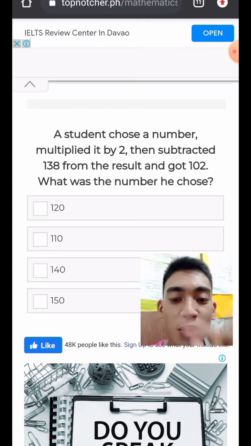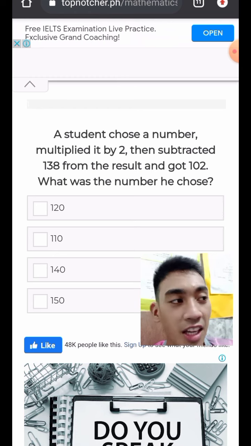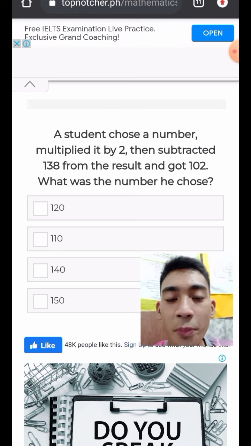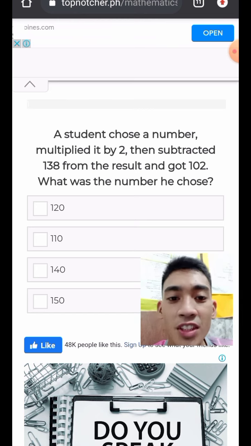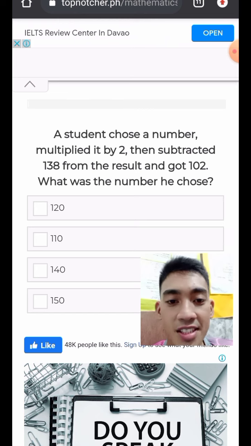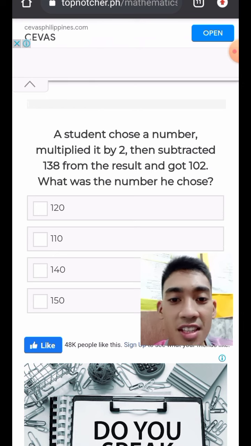So 2X minus 138 equals 102. So transpose 138 together with 102, it will give us 36. 138 minus 102, it's 36.